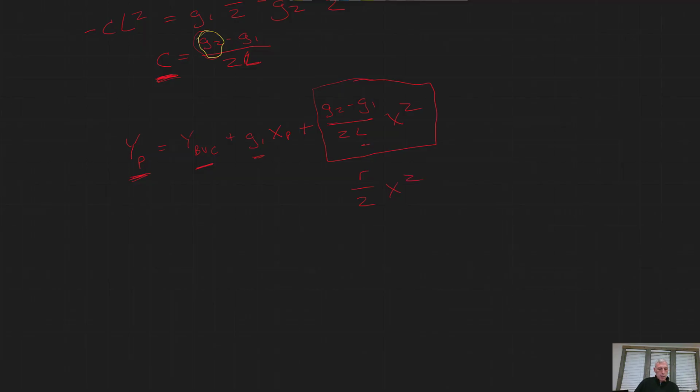The reason is that the rate of change of a grade along a curve at any given point is R equals the difference in the slopes, so G2 minus G1, over L. So the difference in slope divided along the length of the curve.